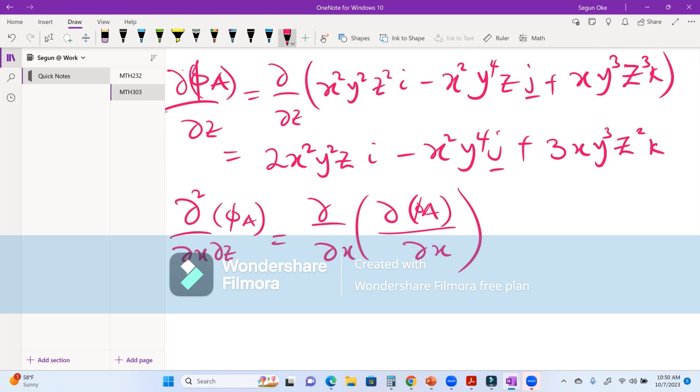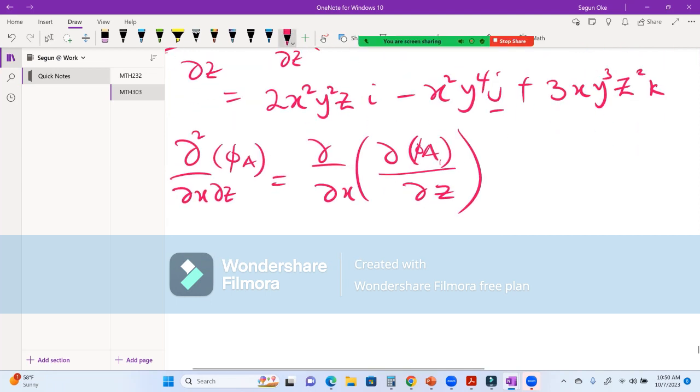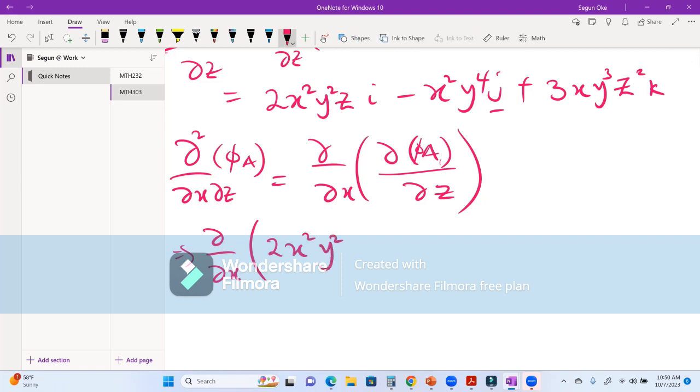Sorry, don't forget it's dz here. So we can say that it's going to be d dx of 2x squared y squared z i minus x squared y4 j plus 3xy cubed z squared k.